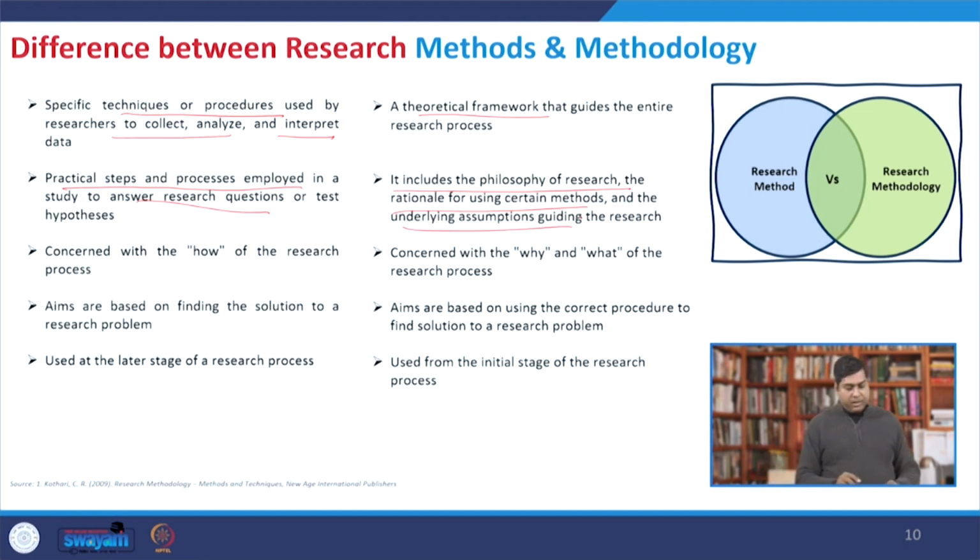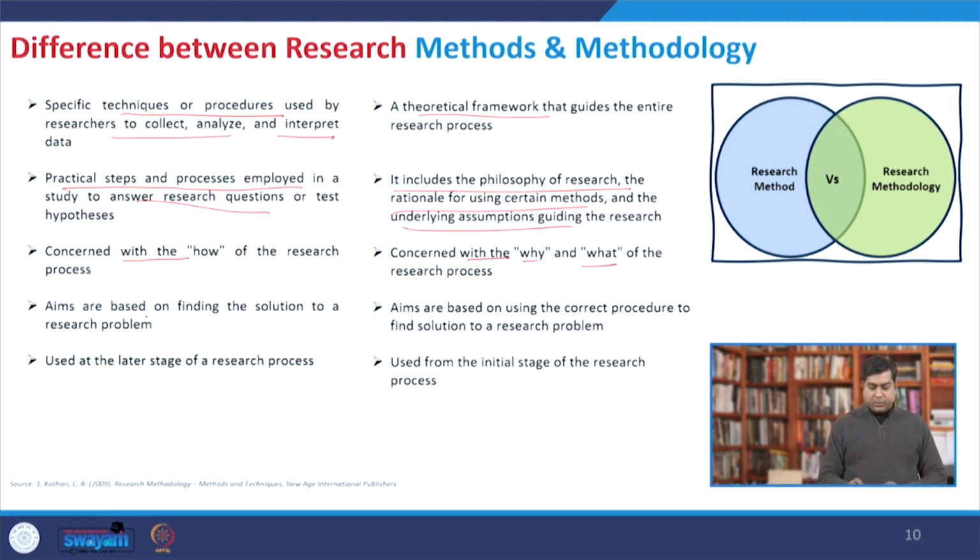The method is much more on the how of the research process, much more of the quantification, whereas methodology is much more about why this method, what will happen next, so the why and what type of questions.